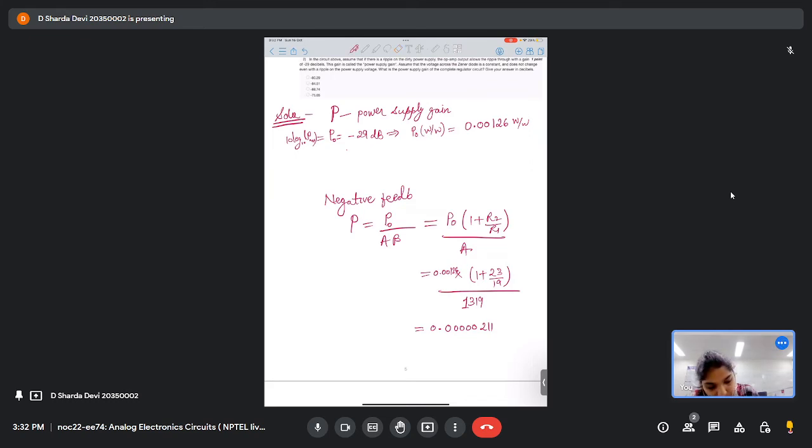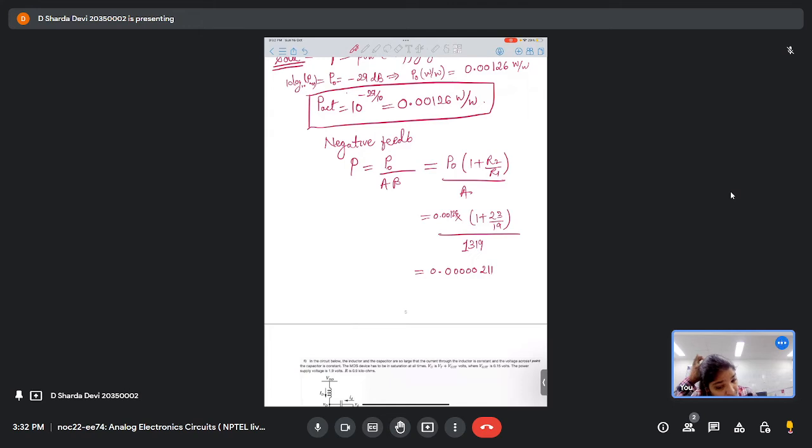So how will we find P actual? It is 10 to the power minus 29 by 10, which turns out to be 0.00126 watt by watt. After negative feedback, the value we have got in watt by watt is the power actual after feedback.